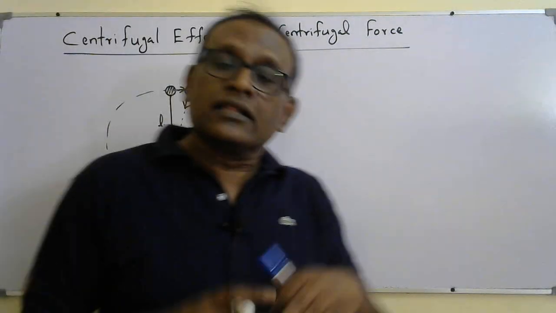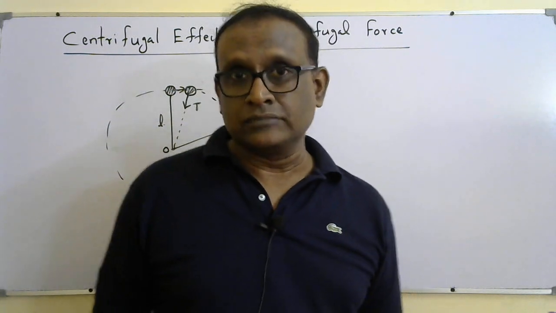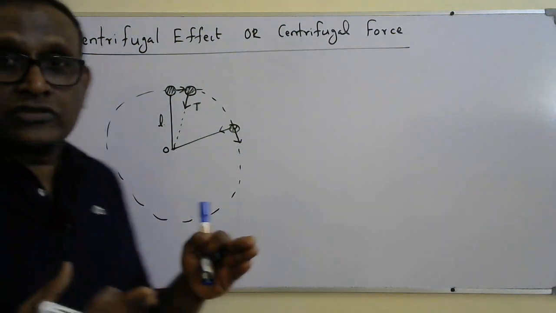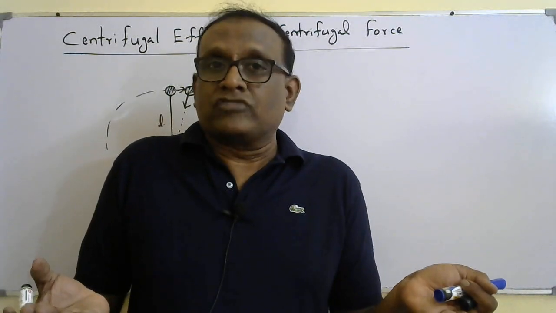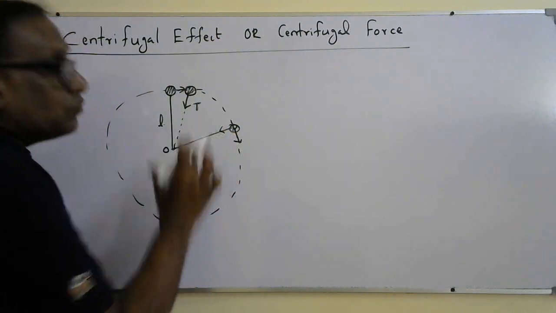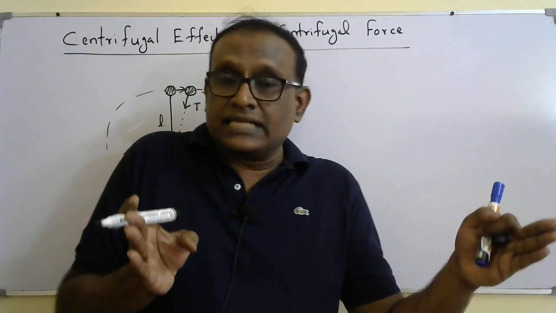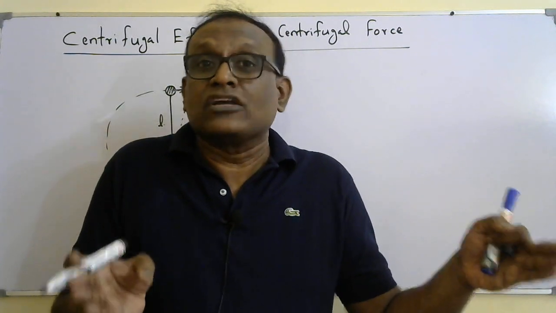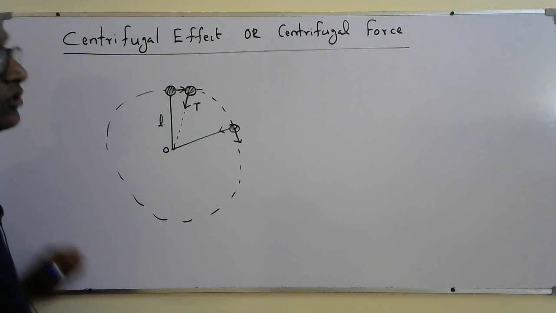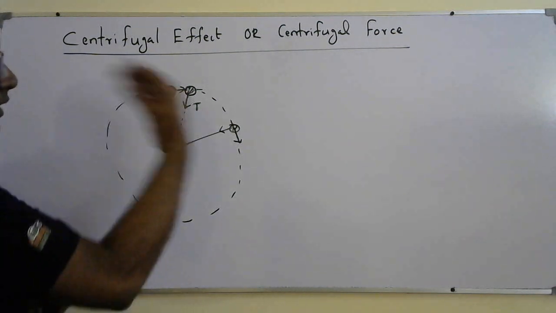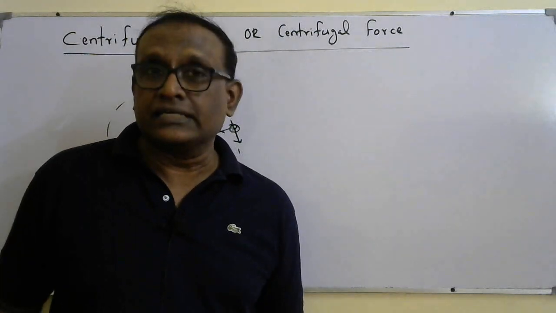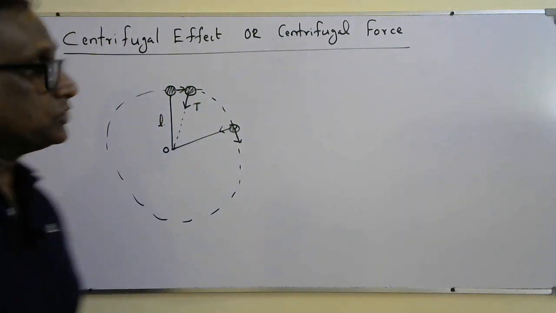Okay, so it has a tendency of moving away from the center because of inertia, but it won't move away. Due to that tendency, the tension will remain on the string, and the string will not sag. So it will continue to move on a circular path. So the centrifugal effect of the sphere maintains the circular motion.